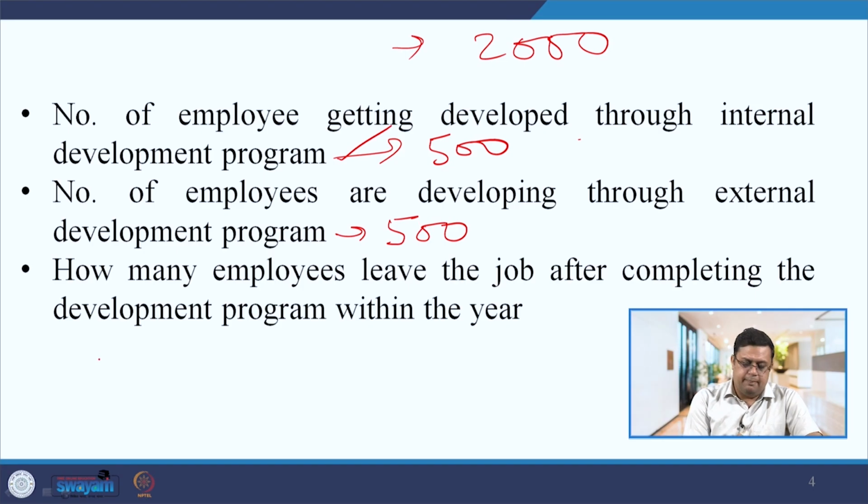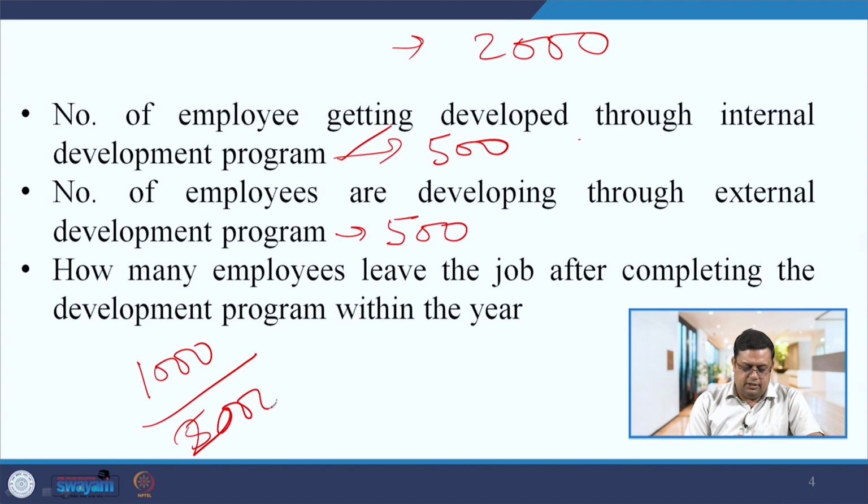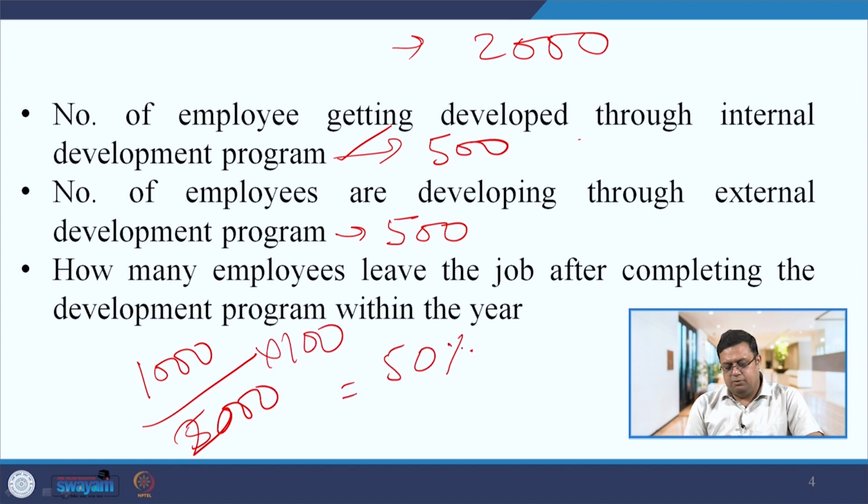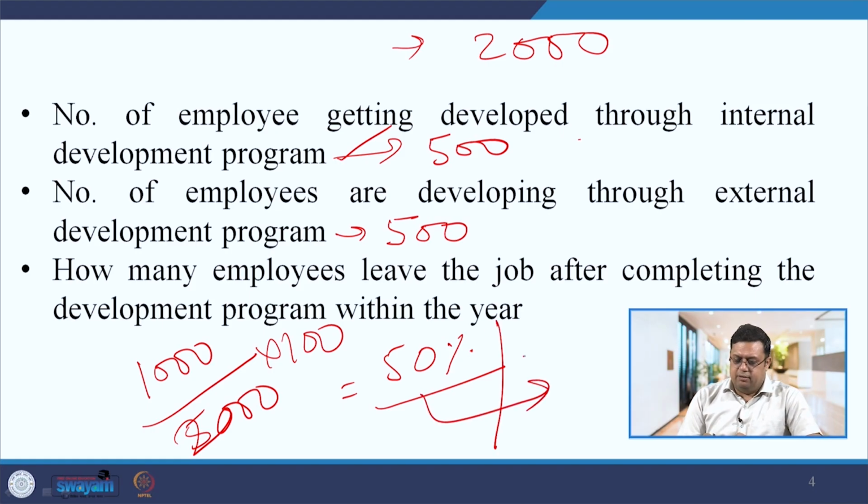So total employees being developed, 1000 divided by 2000 multiplied by 100, so you can say that 50% of employees are getting development right now, right. Out of that 50%, you can divide the percentage: internal 25 and external also 25, right.